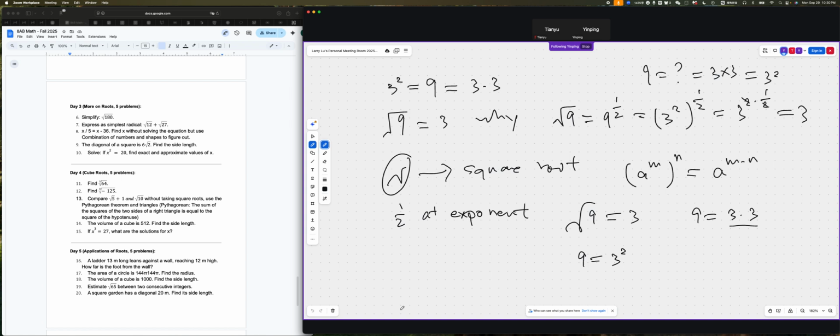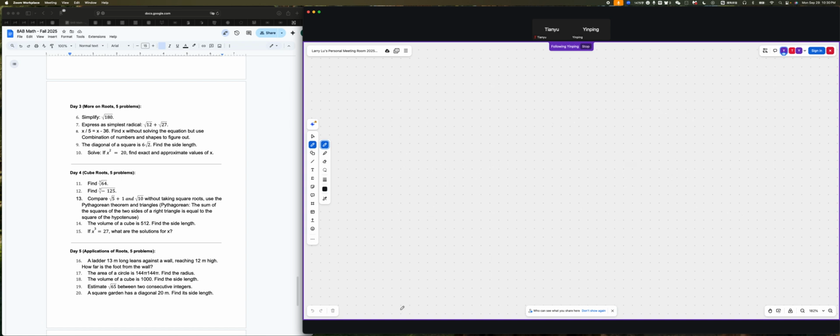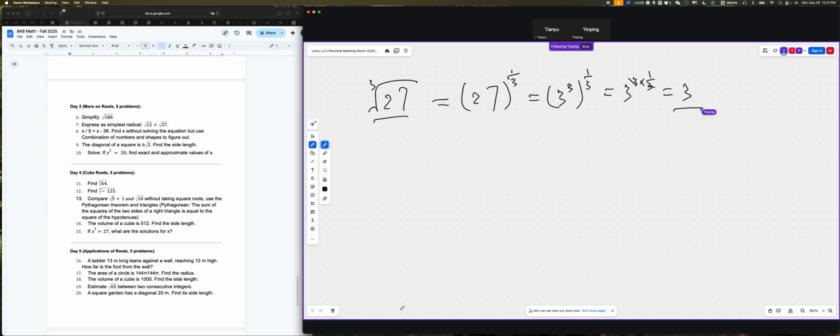Same thing for how we get the cubic root. 27 with a 3 here means the cubic root, which is 27 to the power 1 over 3. 27 equal to 3 power 3. So I have 3 power 3 times 1 over 3, they cancel each other, equal to 3. So the cubic root equals 3.